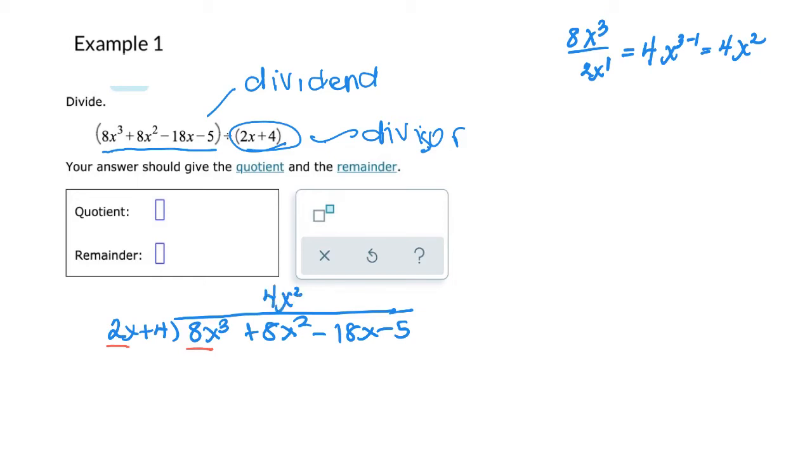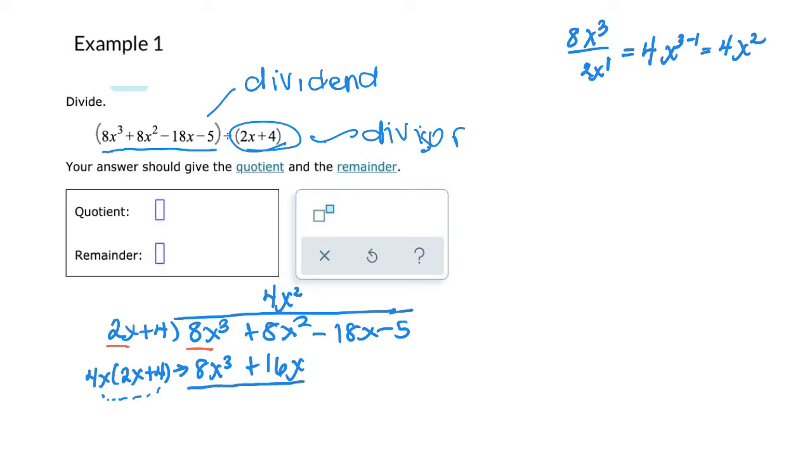And then the next step is to multiply that 4x squared times 2x plus 4. 4x squared times 2x gives us 8x cubed. We're excited and doing a happy dance because we want that first term to cancel with that product. And then we take 4x squared times 4, and we get 16x squared.